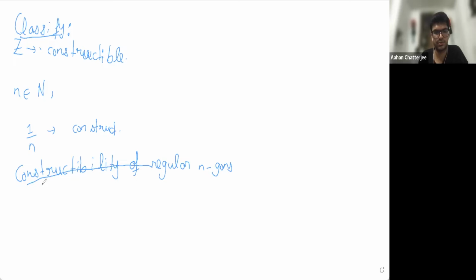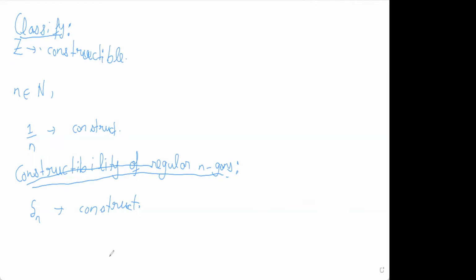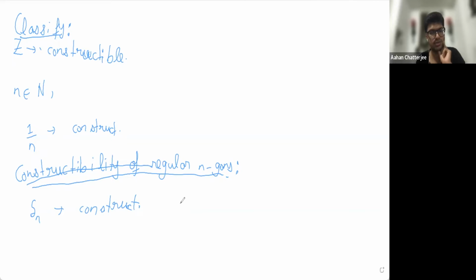So we are looking at constructibility of regular n-gons. The idea is that regular n-gons are constructible if and only if zeta n is constructible. Everybody sees why this is true.